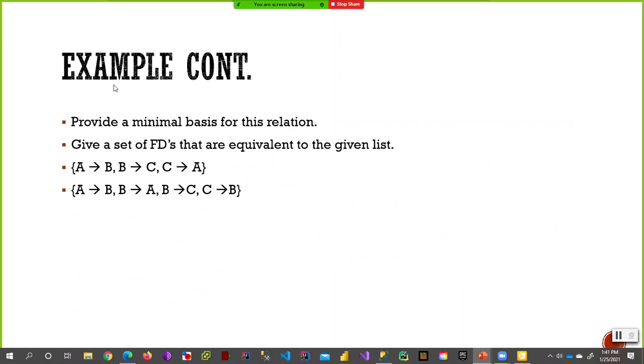So the basis for a given set of functional dependencies uses the transitive rule to shortcut the list of functional dependencies.